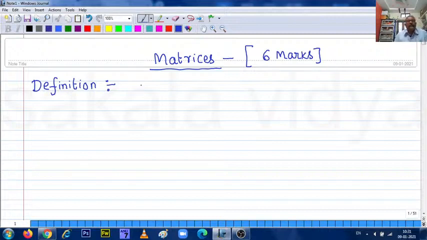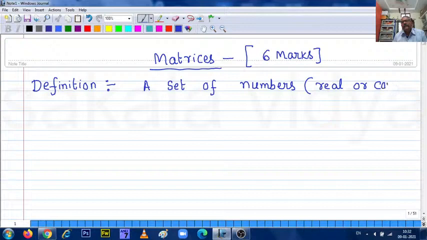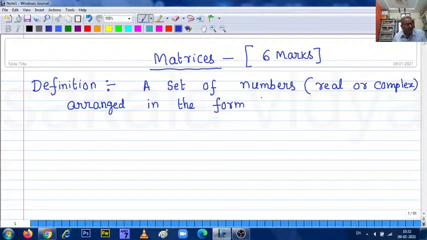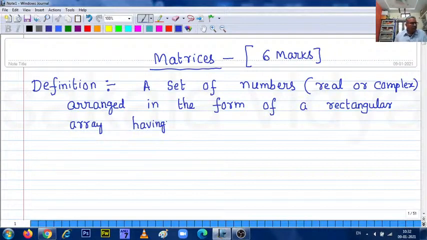So a matrix is a set of numbers, real or complex, arranged in the form of a rectangular array having rows and columns.